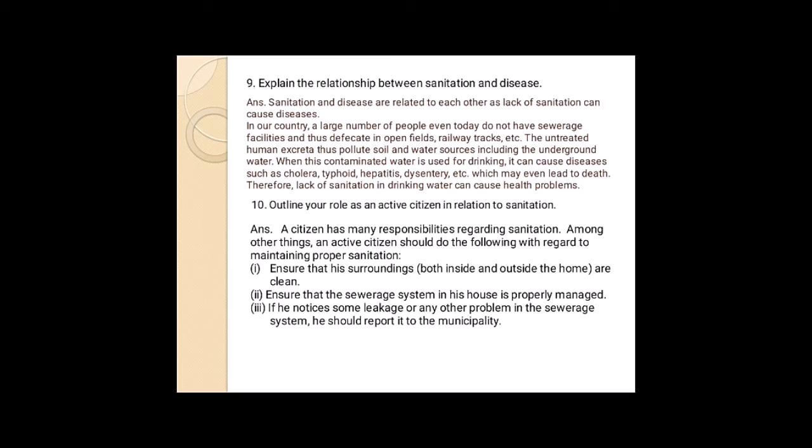We do not throw solid waste into a sink, as it leads to blockage and pollutes water more. If he notices a leakage or any other problem in sewage, he should immediately report it to the municipality.